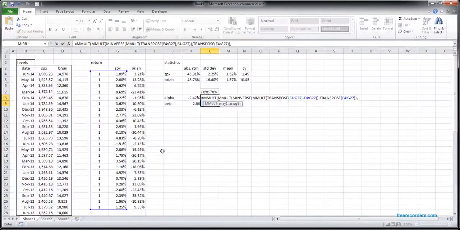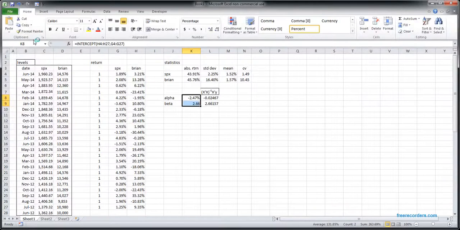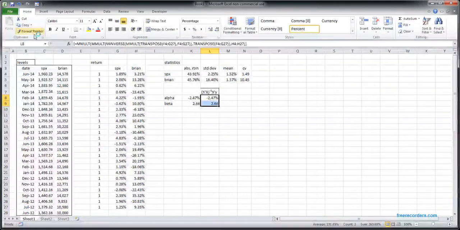And then we do our y variable here, our dependent variable. When you do a matrix algebra or array function like this, you have to press Control-Shift-Enter. If we copy the format over here, we get the same results. So it worked. We know that our alpha is negative 2.47% and our beta is 2.66.